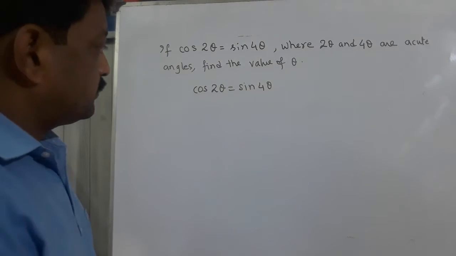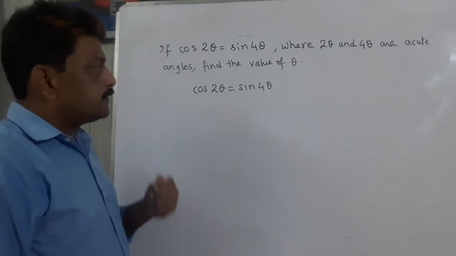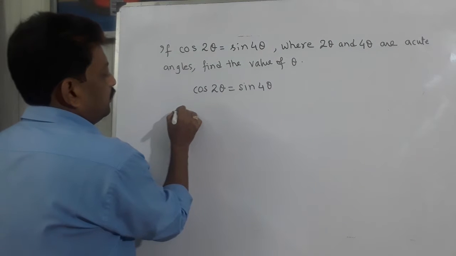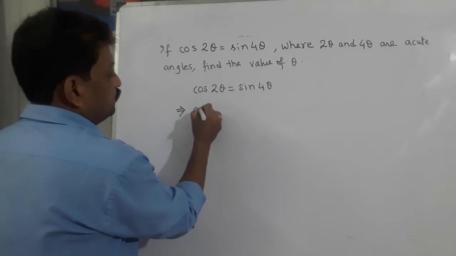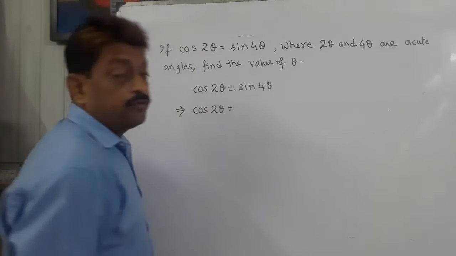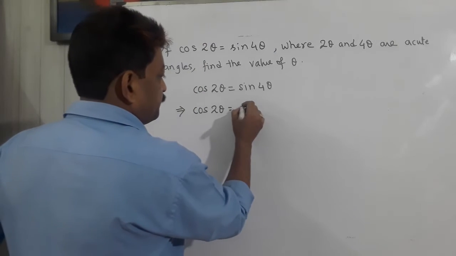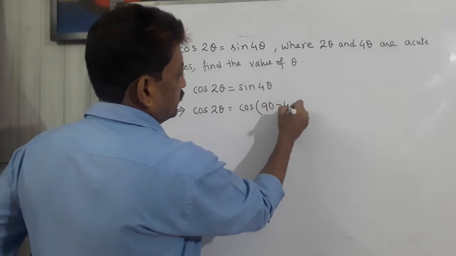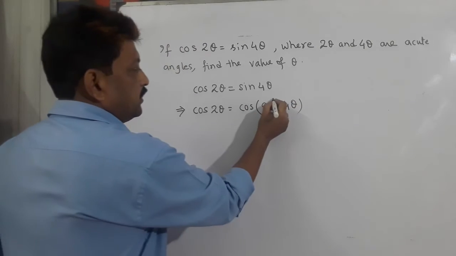Now for acute angles we can use the formula of complementary angles, that is cos 2 theta is equals to, in place of sin 4 theta we can write cos (90 degrees minus 4 theta).